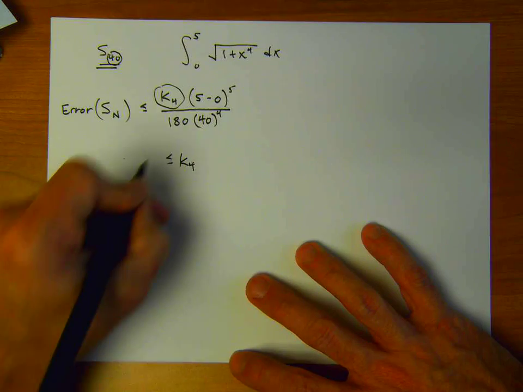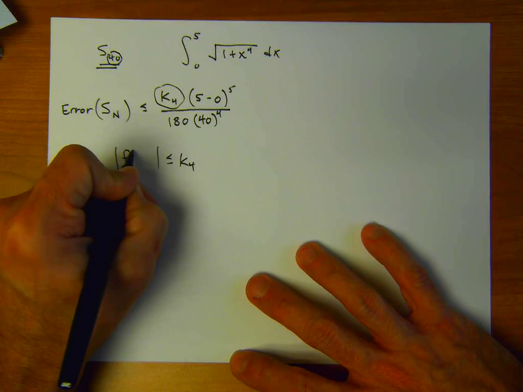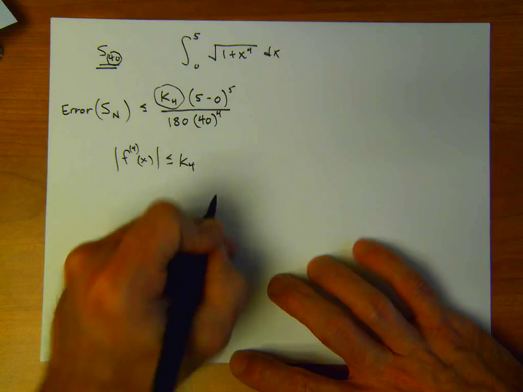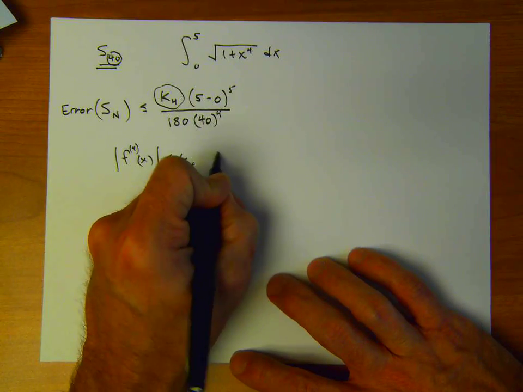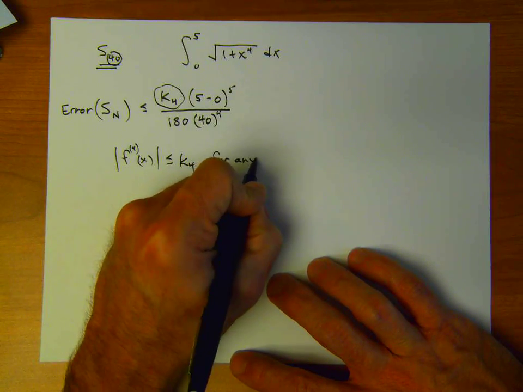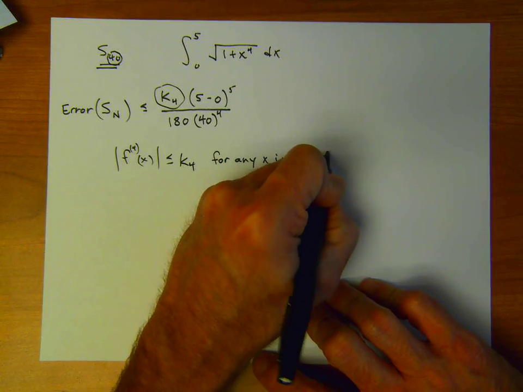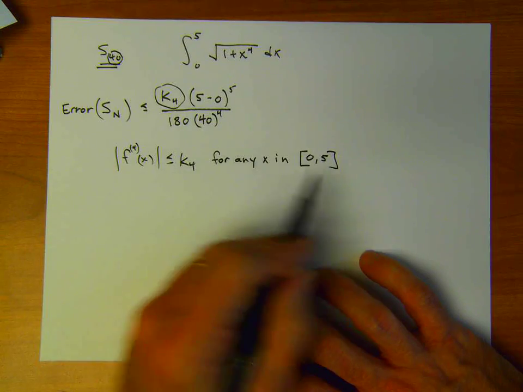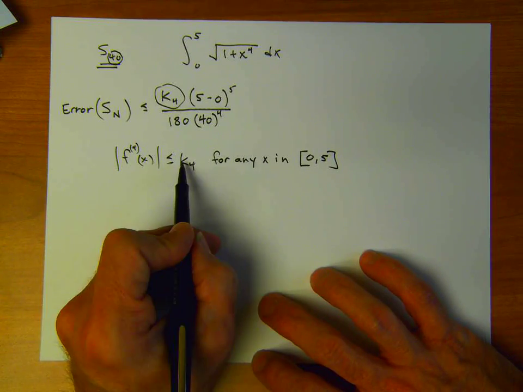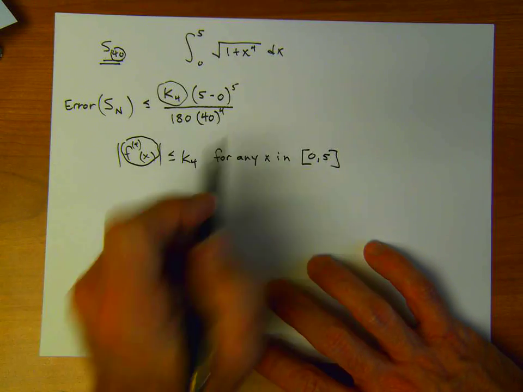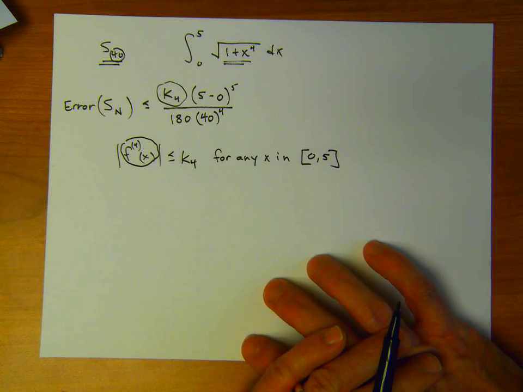It's greater than or equal to the 4th derivative of f, and that's going to be good for any x in our interval from 0 to 5. So what I would expect you to use GeoGebra for is to graph the 4th derivative of this function.